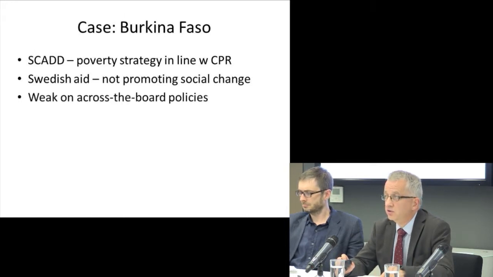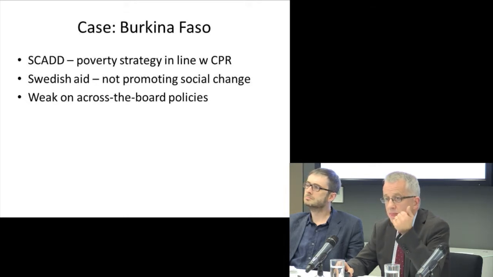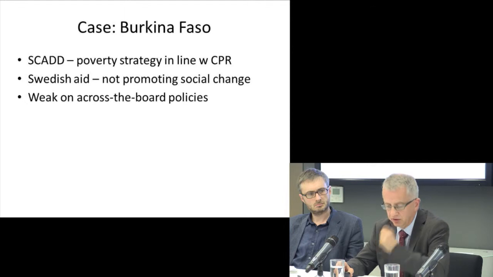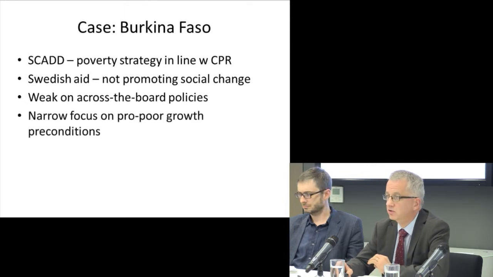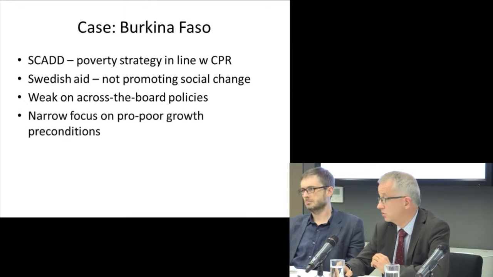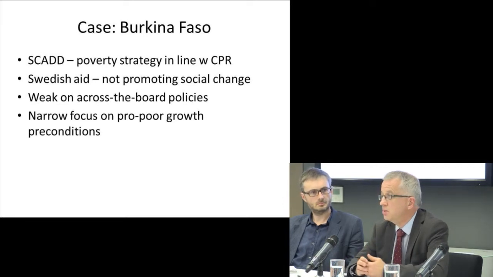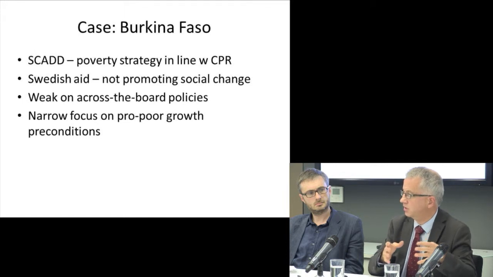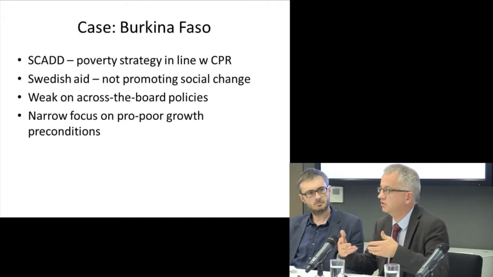Sweden is also weak on those policies that we could call across-the-board policies for poverty reduction, meaning broad-based education, social protection, and pro-poor growth. Pro-poor growth, yes. This is where Sweden has a strong position, but it's more towards the preconditions for pro-poor growth than growth processes itself.